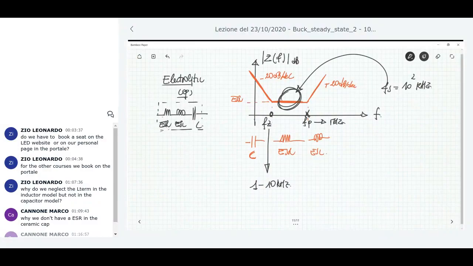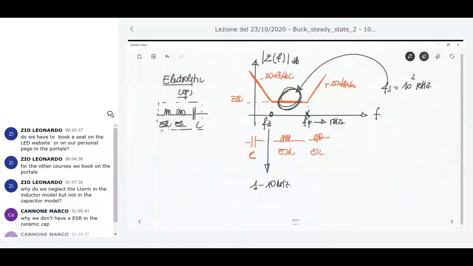The converter works in the region in which my output electrolytic capacitors are not working as capacitors. They act like resistors. So this can be a problem. We have to understand that this kind of parasitic effect in capacitance leads to some drawbacks.